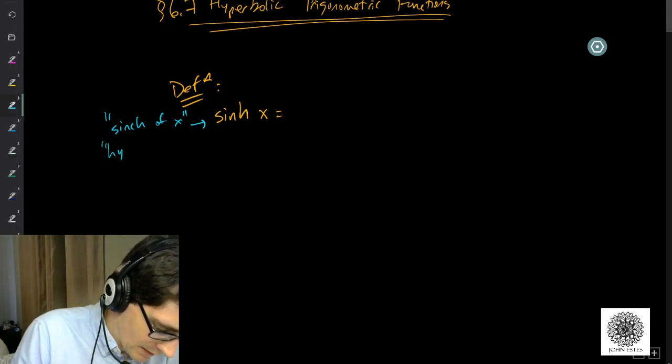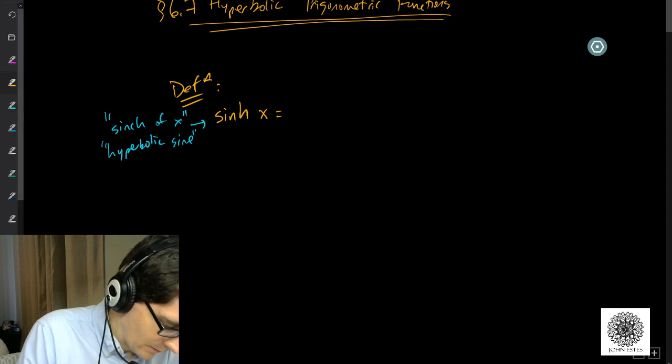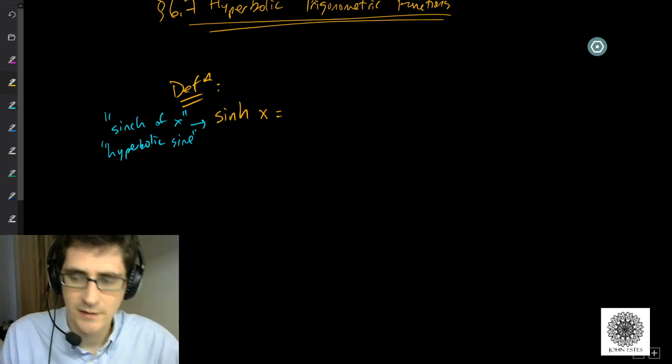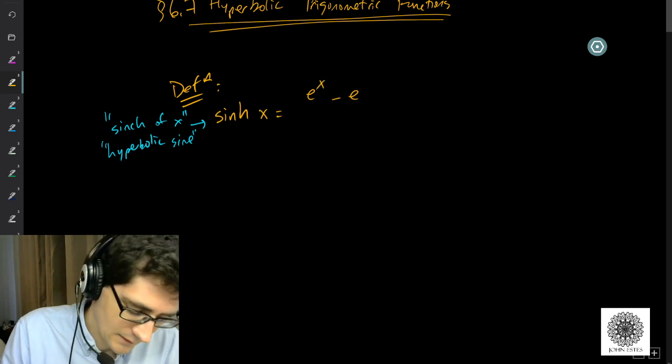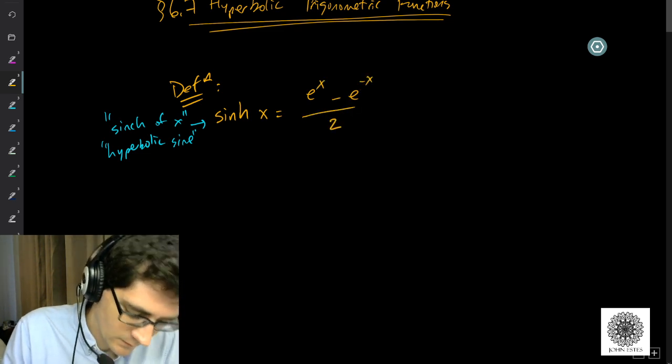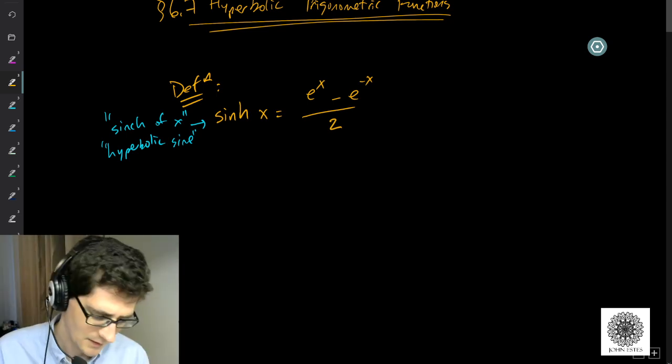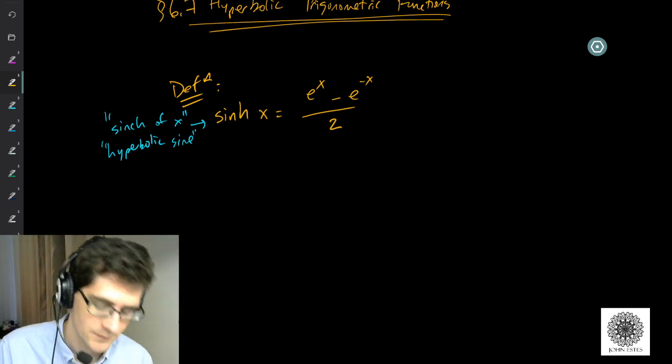So we'll write that as hyperbolic sine. And the way we define hyperbolic sine is like this: e to the x minus e to the negative x over 2. Okay, e to the x minus e to the negative x over 2.